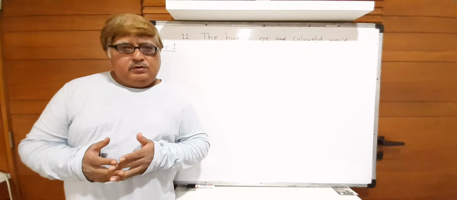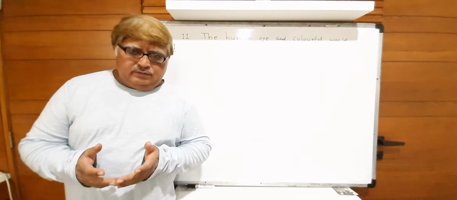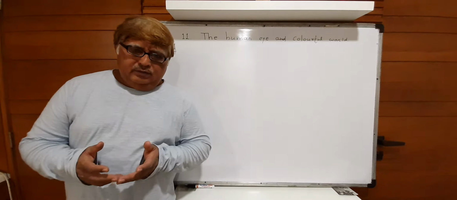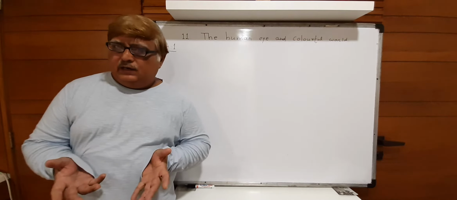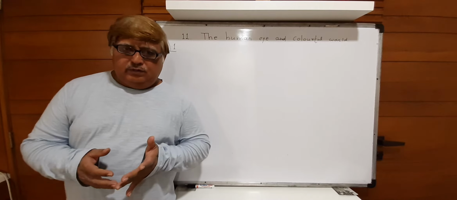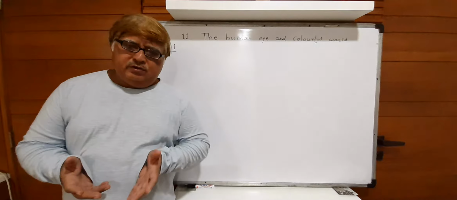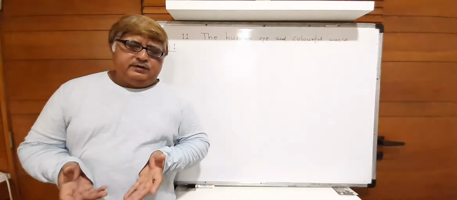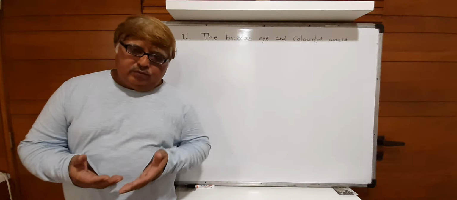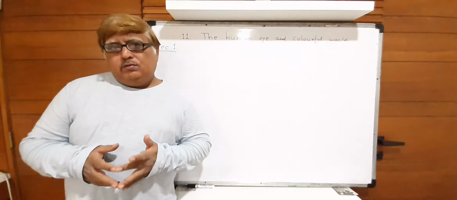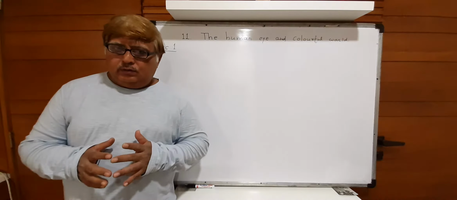Here in chapter number 11, somehow in the previous standard you must have read about the eye and various defects of vision, as general knowledge, in magazines, textbooks or general knowledge books.